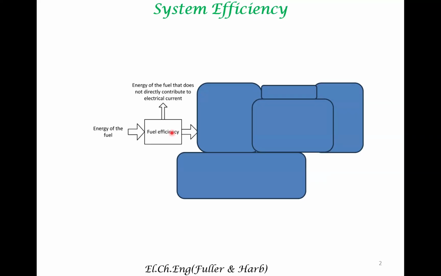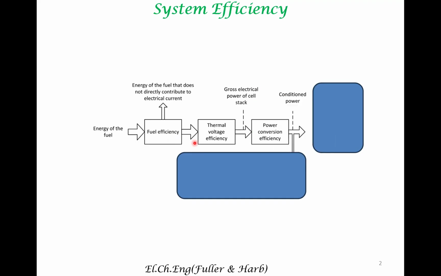We'll clarify these things quantitatively in the subsequent lectures. Then the fuel that is being utilized is used for generating an electrical output whose efficiency can be indicated using a thermal voltage efficiency.